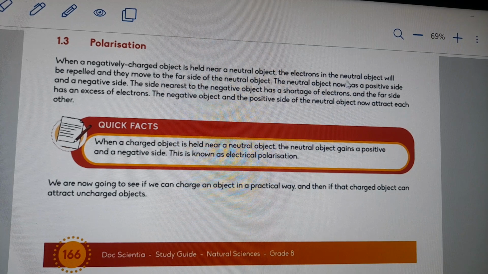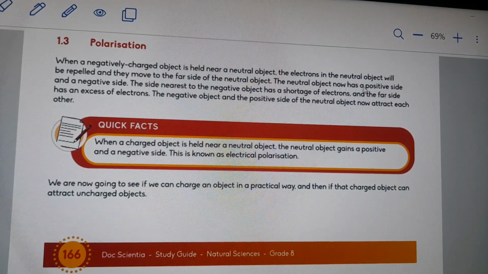The electrons in the neutral object will be repelled and they will move far aside of the neutral object. So it's more negative and it's next to the neutral. The electrons in the neutral object will move to the far side.